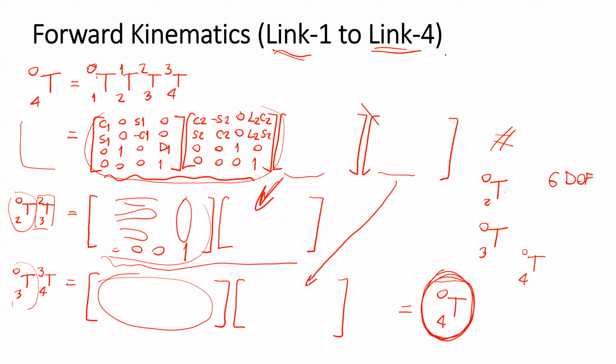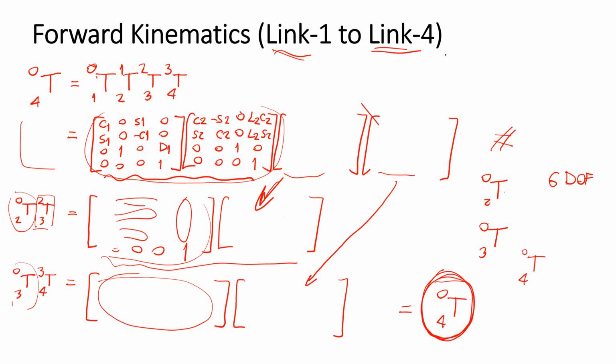But based on my experience, we have another alternative. Here, it makes the product from left to right, from link 1 to link 4. But for me, I would suggest that many times it's better to do it from 4 to 1.